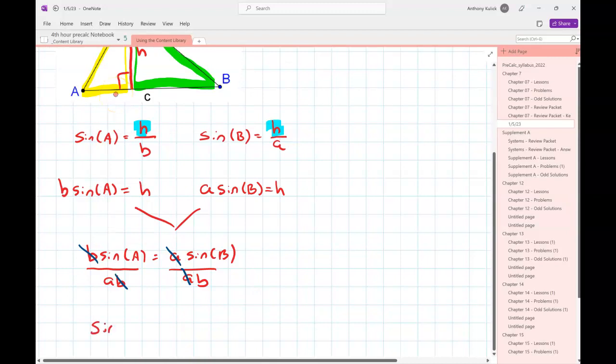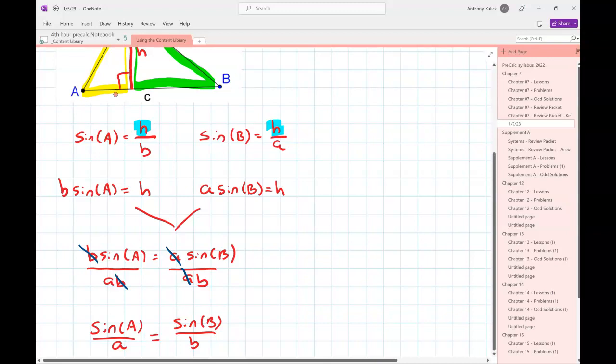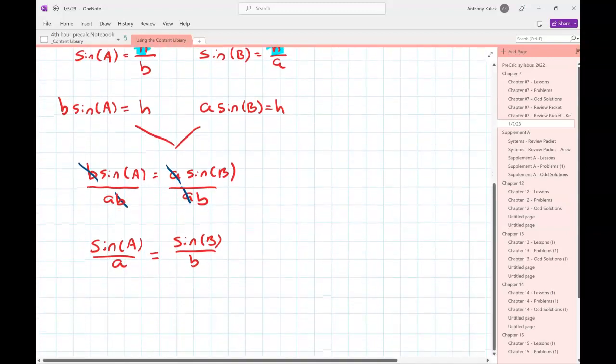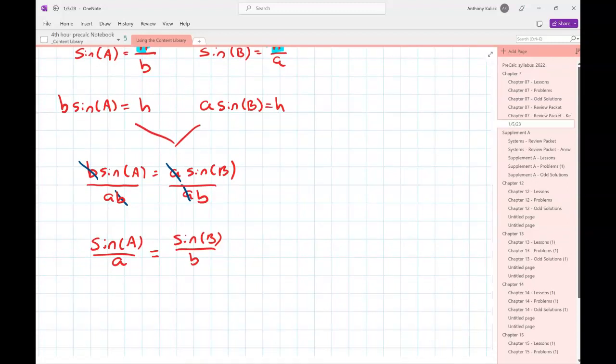And what we're left with is sine A over A equals sine B over B. Notice that this relationship holds for non-right triangles and is only reliant on angle measures of the triangle and side lengths of the triangle.